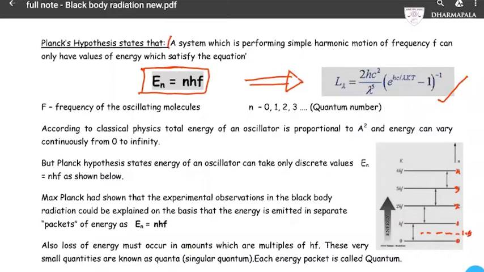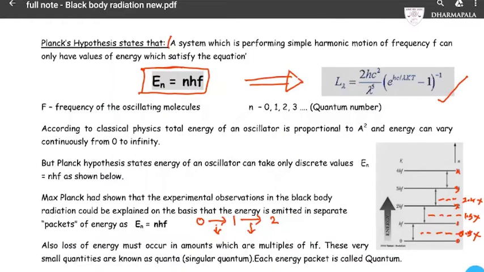Such in-between values are not there. After 0, the next energy level is 1. After 1, the next energy level is 2. None of the in-between values exist.